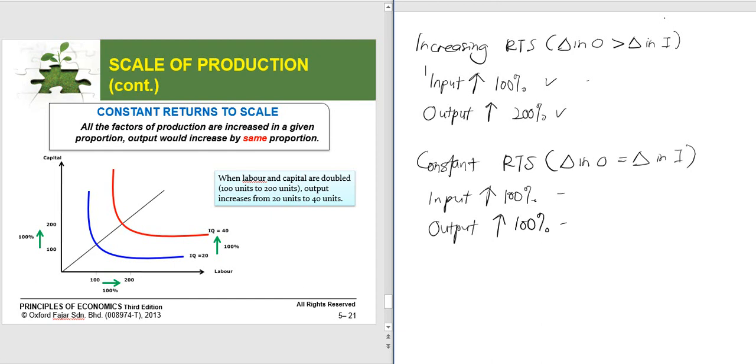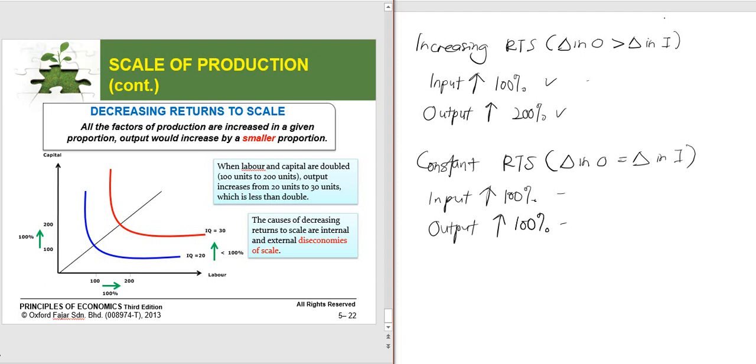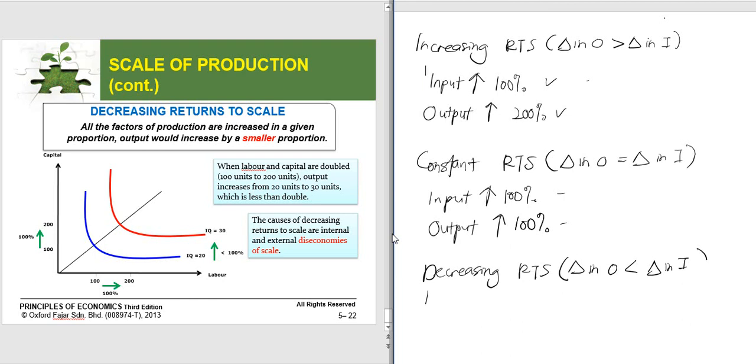And then the last one is decreasing return to scale. This is a situation where the change in output is lesser than the change in input. So when you add, let's say, 100% in your input, you add 100% of capital and another 100% of labor, your increase in output will be lesser than 100%.